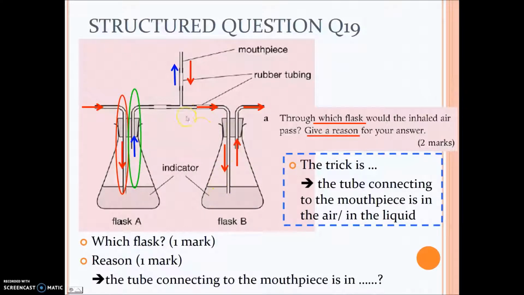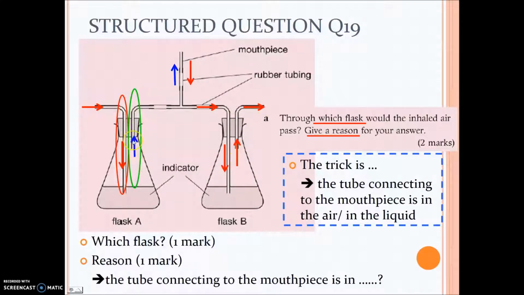So no matter whether it is flask B or flask A, once the tube is immersed in the water, the airflow must go down to the water along this tube. And when the tube is in the air, the air will flow through this tube.